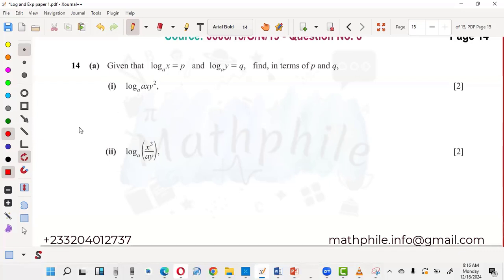Okay. So this one can be written as log a base a plus log x base a plus log y squared base a. Are we good with this? Yeah. Okay. Doesn't the square affect a, x and y? No. The square is on the y, not the others. If it were on everything, they would have placed the brackets over here. We good?